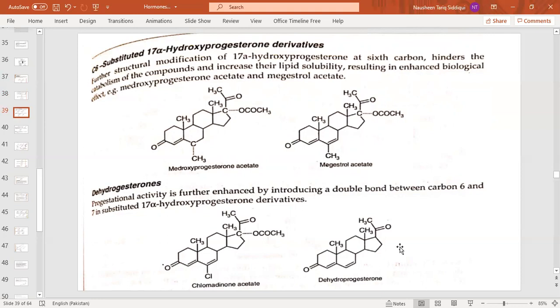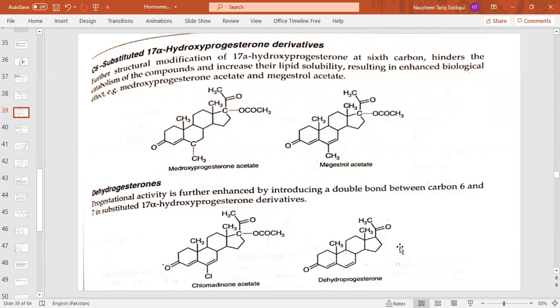Examples are medroxyprogesterone acetate and megestrol acetate. These are the two derivatives, and it showed that it hinders the catabolism of the compound.